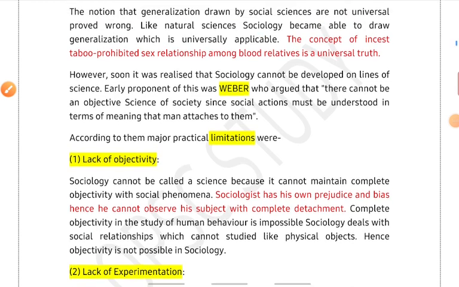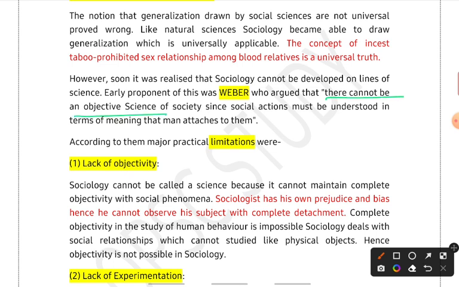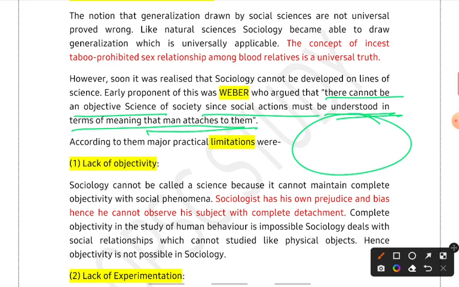Weber was the first sociologist, or major propounder, who came up later in the phase, and he says that there cannot be an objective science of society, since social actions must be understood in terms of the meaning that a person attaches to them. You cannot make a general theory or be very objective in the study of society.